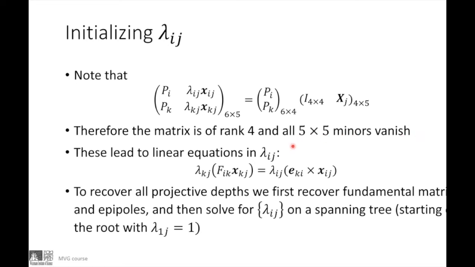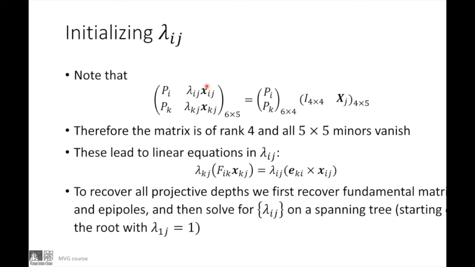That's what is written here: 5x5 minors vanish. So I take 5x5 matrices. I have 6 of them, right? Every time I choose one row and eliminate it. And for these 5x5 matrices, I write the equation that the determinant of this 5x5 matrix is 0.